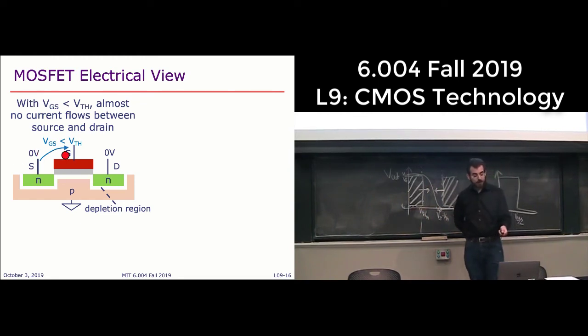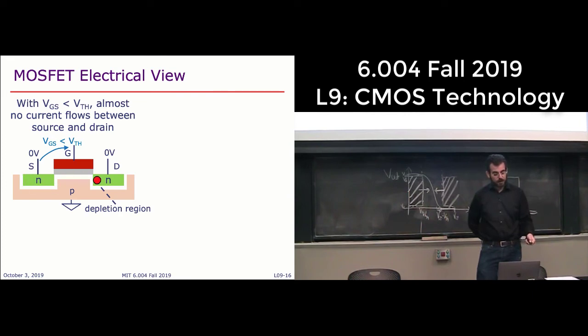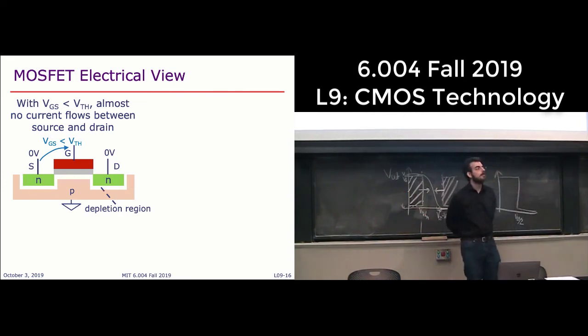By default, if everything is at 0 volts, there's a deficiency of electrons here, so there's an abundance of holes, which are also electricity carriers. And there's an abundance of electrons here, so they repel each other. So in the middle, you have this non-conducting band that we call the depletion region.